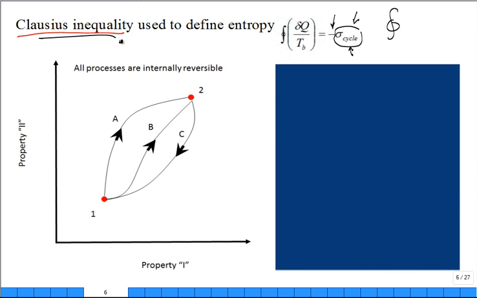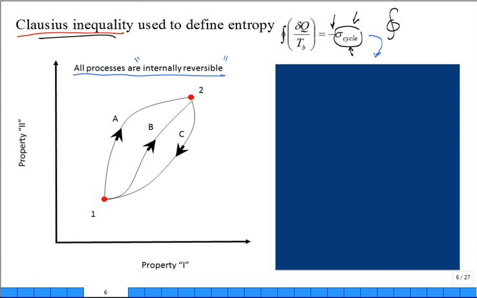Now, what you do is you say, I want to do this for a cycle where all the processes in the cycle are internally reversible. If they're internally reversible, how does the Clausius inequality change?